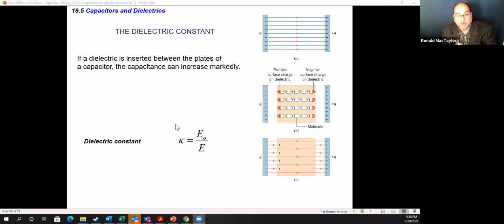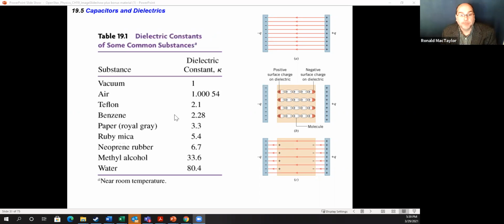If you ever encounter really old capacitors, they used to put literal paper, made from wood pulp, between the two metal plates. The problem with that is that when the charge does hop, there can be a lot of heat and paper can catch on fire. So there's a whole world of materials science where people have come up with different materials to put between the plates that will serve the job, but not catch on fire.